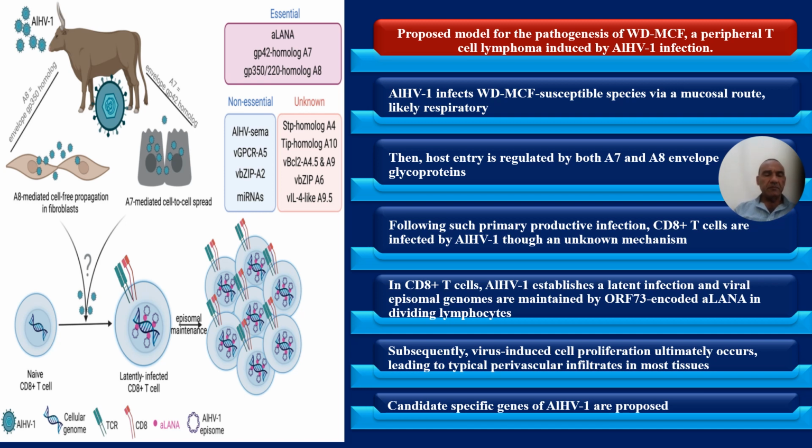In the diagram, at the bottom of the picture, we illustrate the virus by this blue one that denotes alcelaphine herpesvirus 1, and the picture of regular and known DNA as cellular genome, and then transferase receptors and CD8 lymphocytes and ALANA with steak pink color, and then the alcelaphine herpesvirus episome.